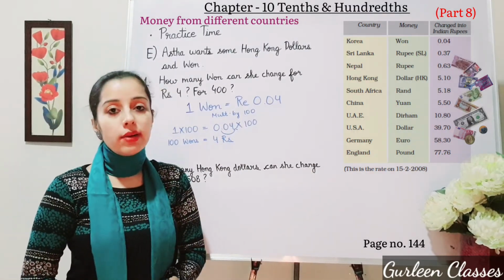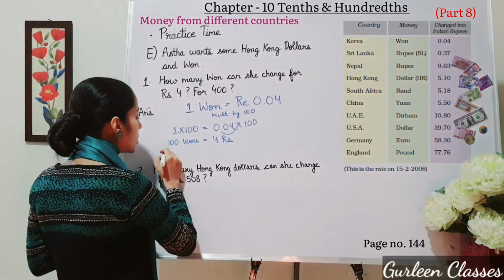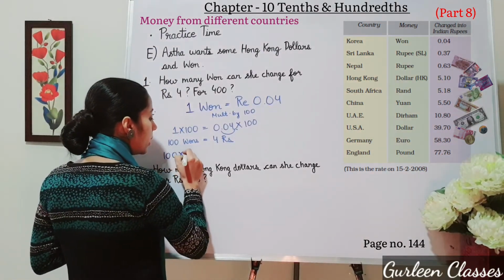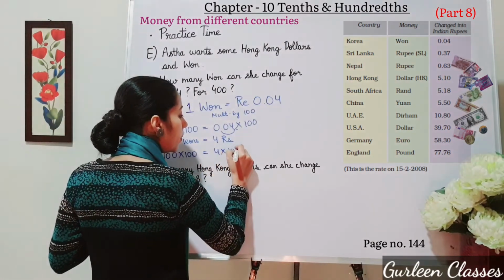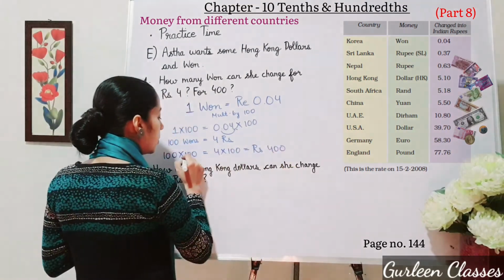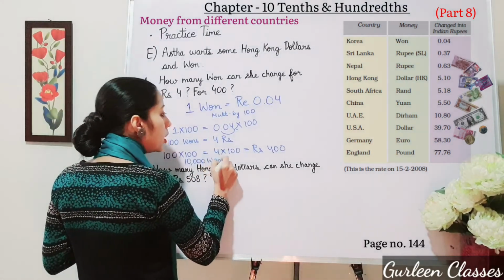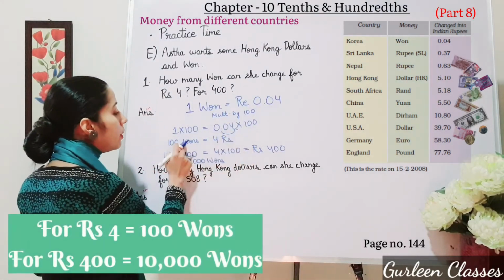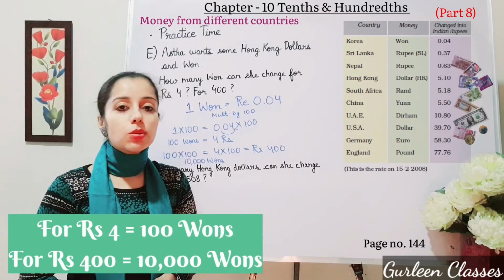So for 400 rupees it will be 100 into 100, that is 10,000. 4 into 100 is rupees 400 and it will be 10,000 wons. For rupees 4 it will be 100 wons and for rupees 400 it will be 10,000 wons.